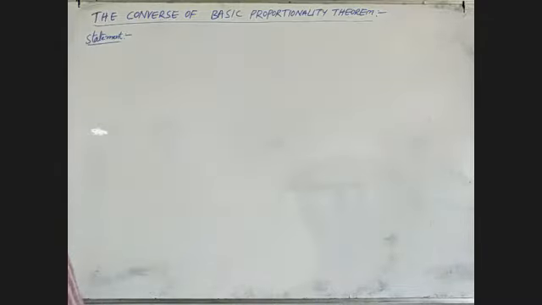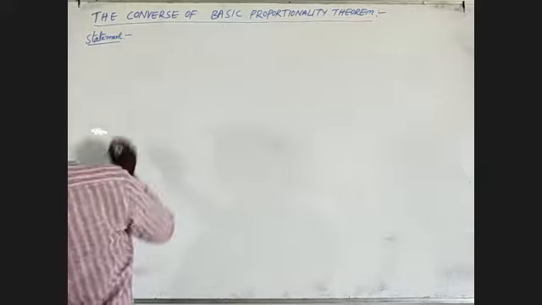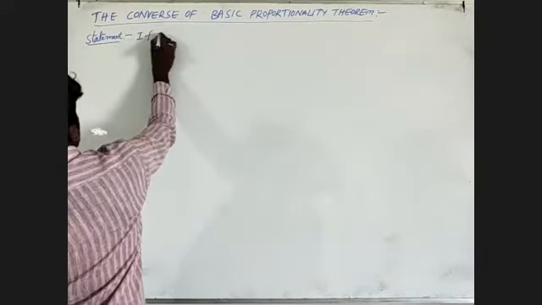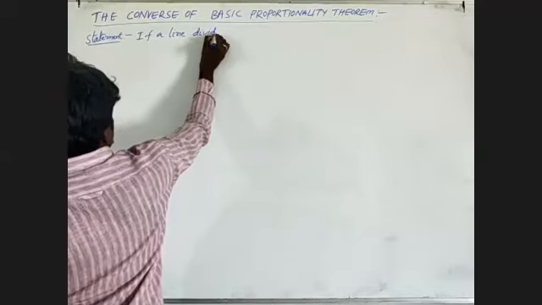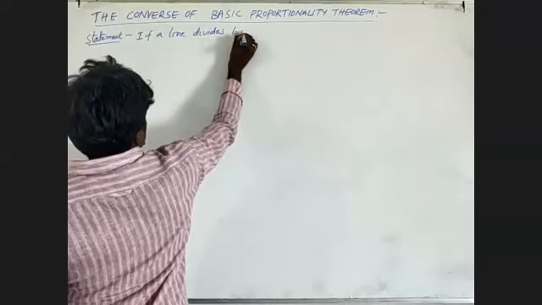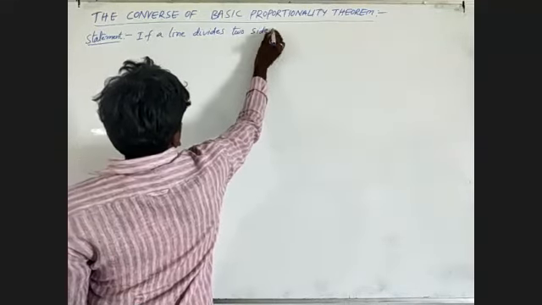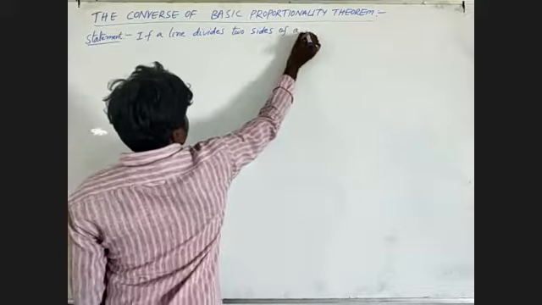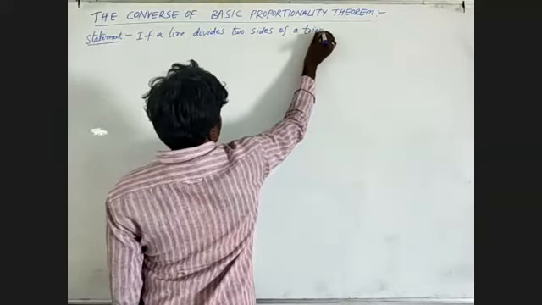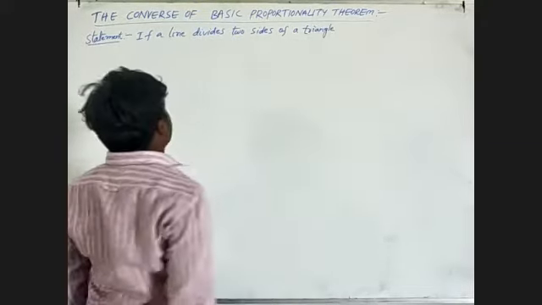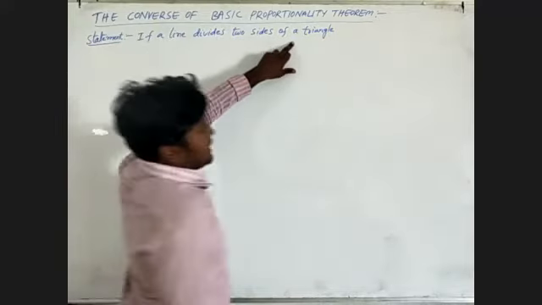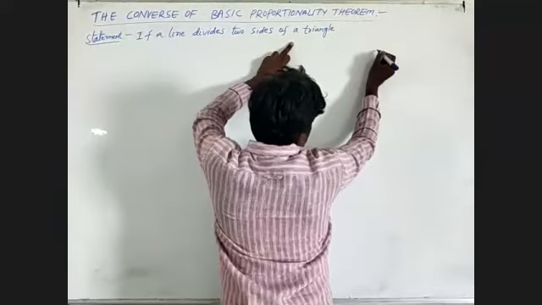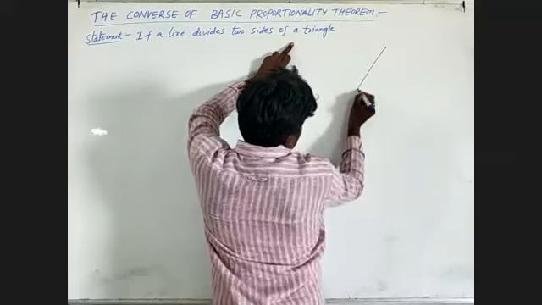If a line divides two sides of a triangle, I will take one triangle. This is the given triangle.